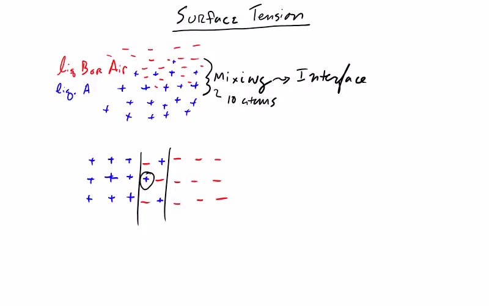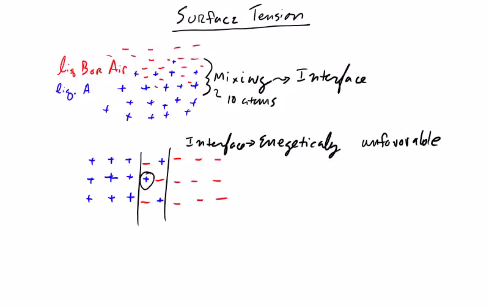And so what's going on is at an interface, it is energetically unfavorable. What I mean by that is that molecules at the interface are surrounded by not molecules of their own type, and that is energetically unfavorable.